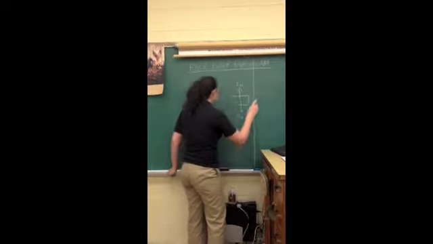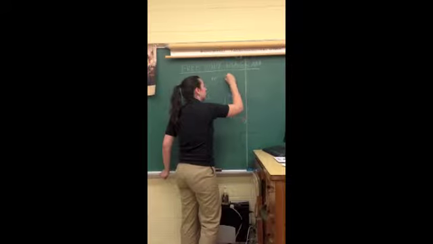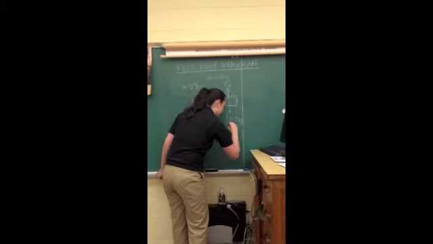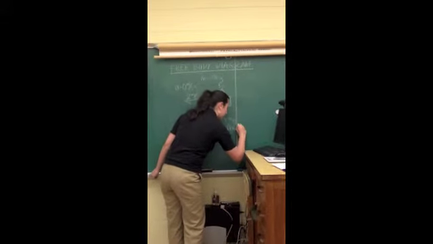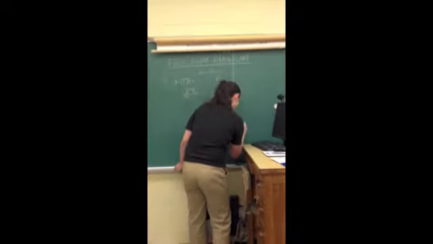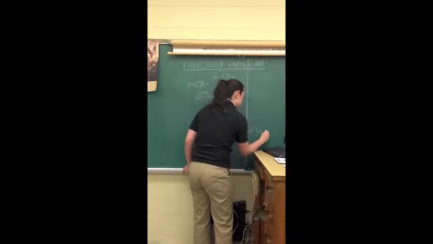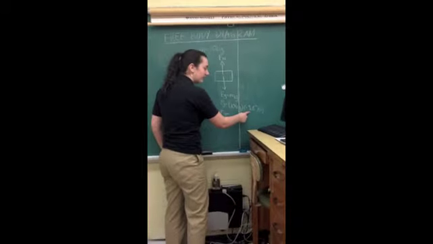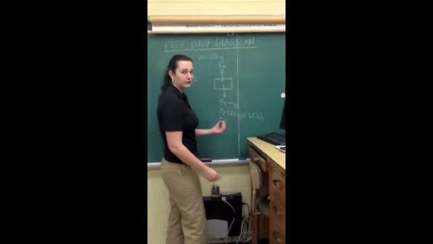Now, if the cart was 10 kilograms, then when I do the force of gravity, I plug in gravity as negative 9.8 meters per second squared, because gravity pulls the object down.